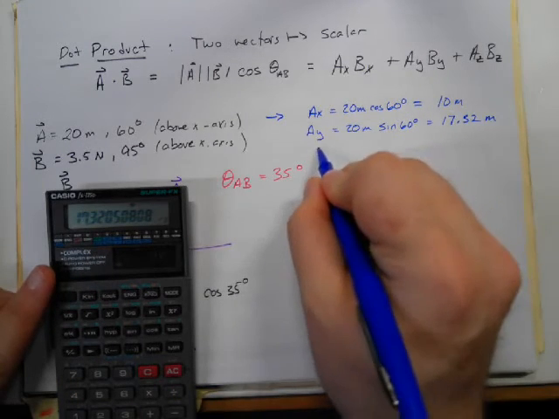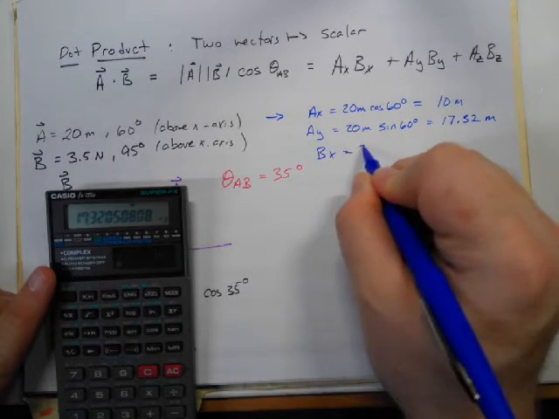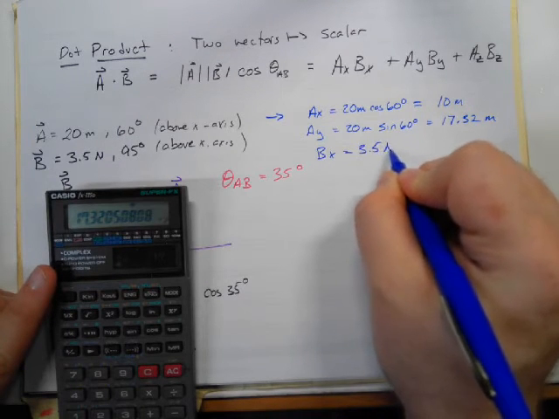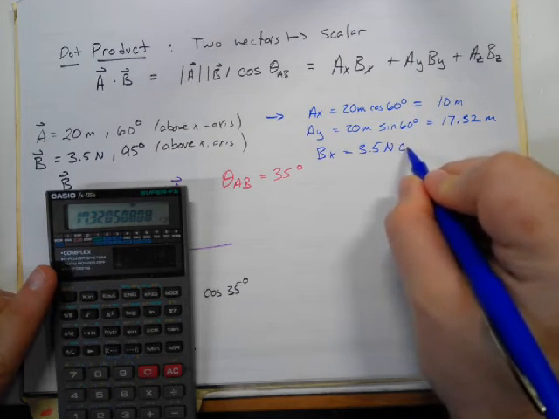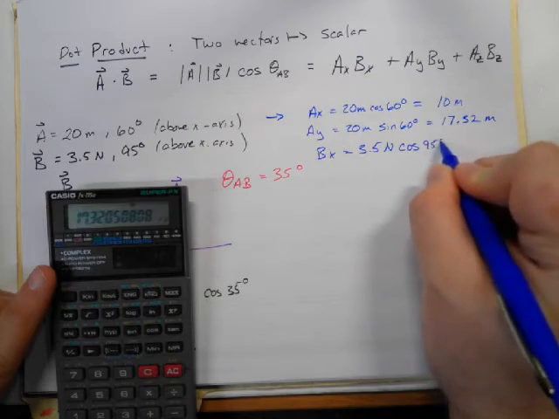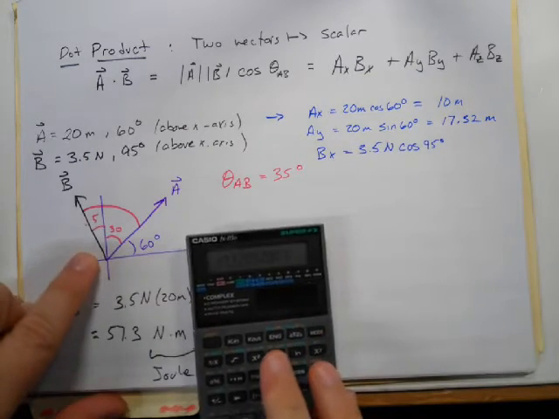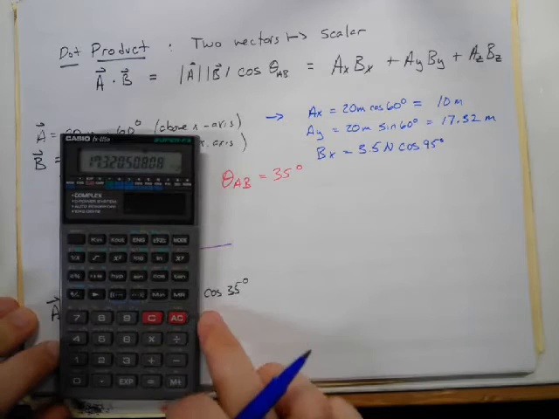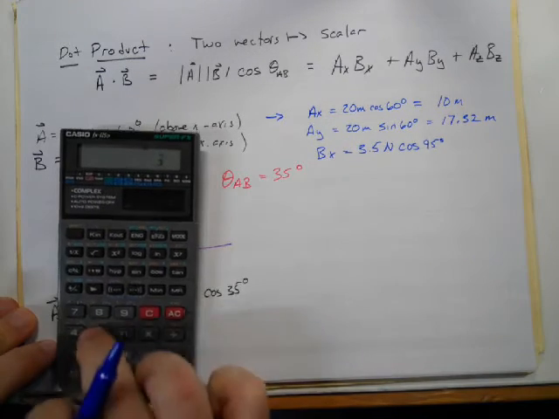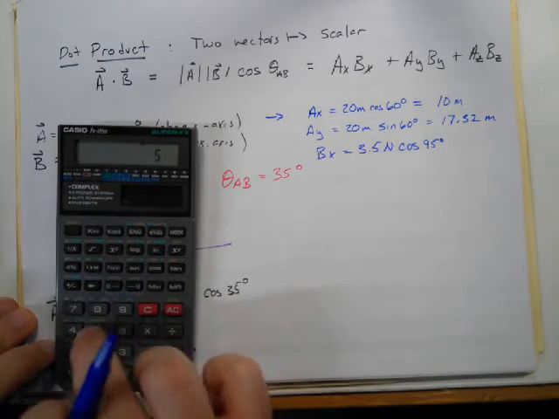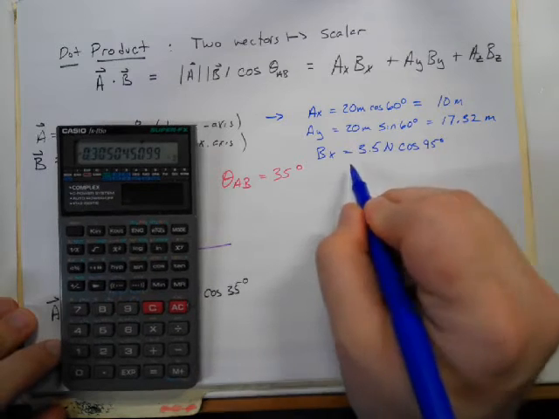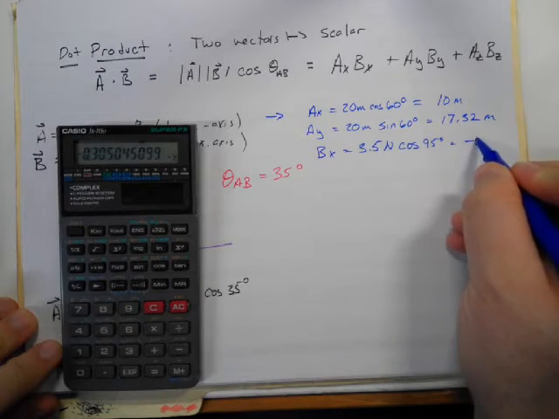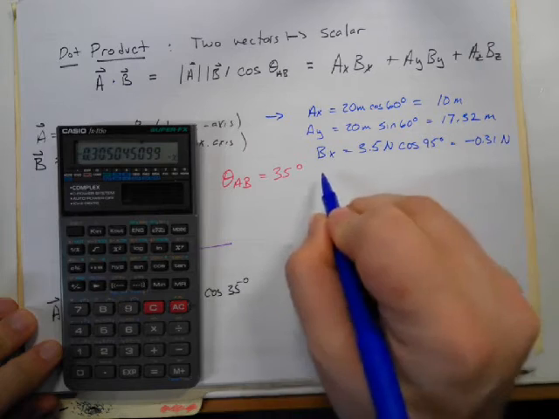Right? Bx is 3.5 newtons cosine 95 degrees. The way we've drawn it, we expect it to be slightly negative, so we should check that. So 3.5, what I get is minus 0.31 newtons.